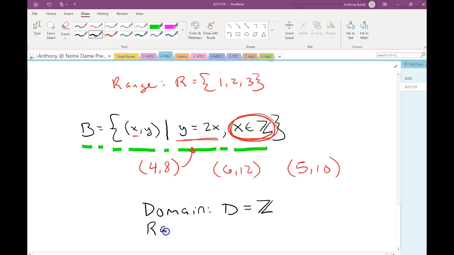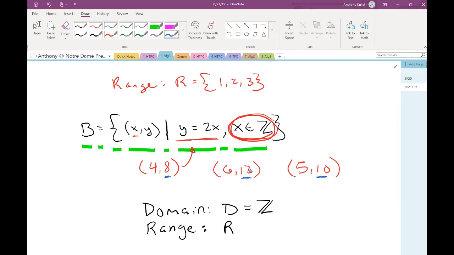What is the range going to be here, though? Which coordinate is the range telling us about? The range is about the y's. Now there's infinitely many of those, right?